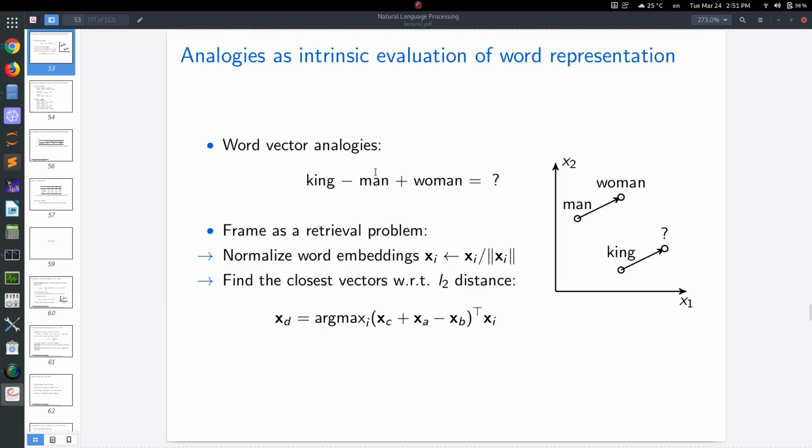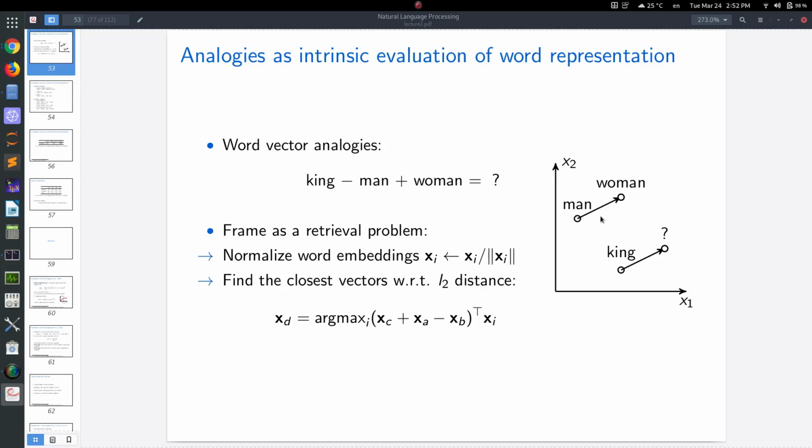So we have king minus man plus woman equals something, and in this case you can imagine this subtraction is like taking the manhood feature from the kingness, and then we add the remaining kingness to the woman, and then we'll find the word vector. In this case, this word vector is going to be queen, because king and queen should be the same distance apart, just like the distance between man and woman.